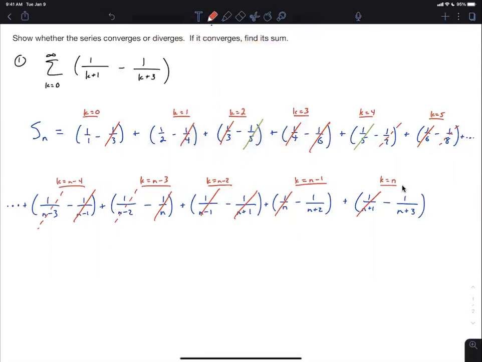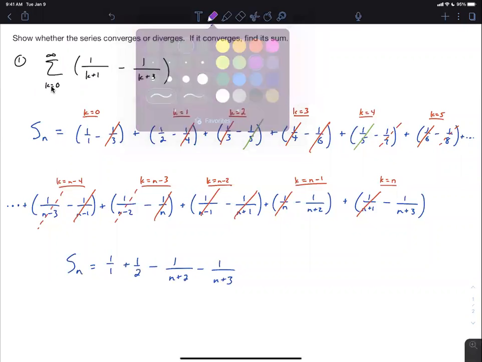But what this tells us is that then Sn is equal to 1 over 1 plus 1 over 2 minus 1 over n plus 2 minus 1 over n plus 3. So this formula is now a closed formula for any partial sum. If I wanted you guys to calculate, so let's say on a test, I gave you this question.